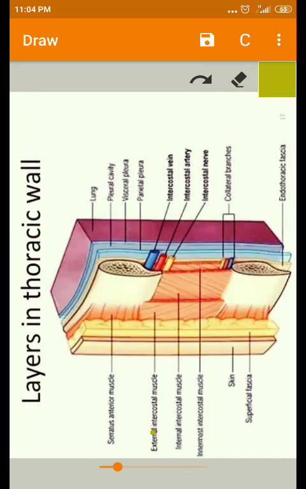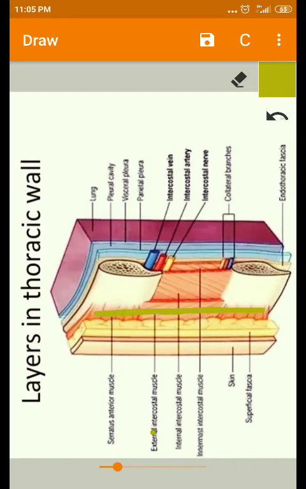Mostly the lateral side muscles, that is the serratus anterior, and some of the muscles related to the upper limb, that is the pectoralis major muscle, and also on the posterior aspect you can see the trapezius muscle and the muscles attached to the vertebral column, that is levator scapulae, rhomboides major, minor, serratus posterior superior, serratus posterior inferior, latissimus dorsi, all will come under this layer, that is the extrinsic muscle layer.